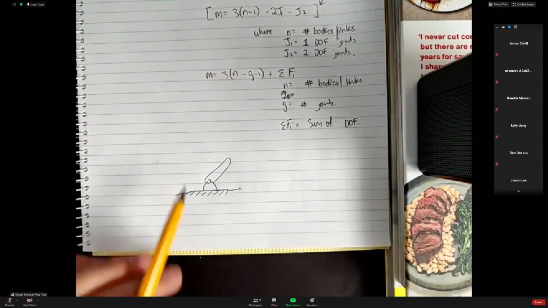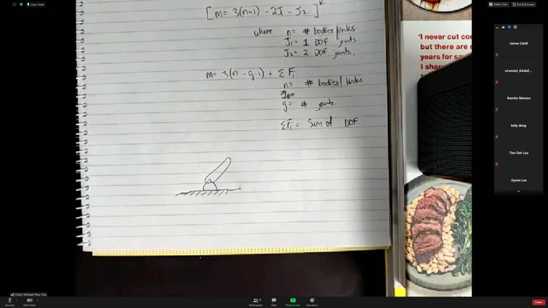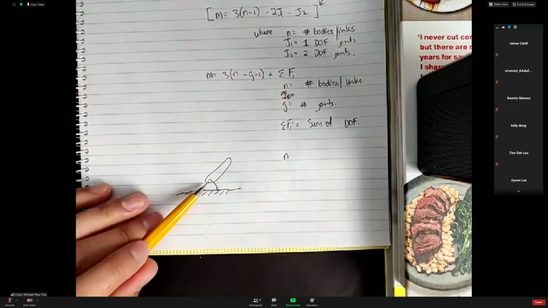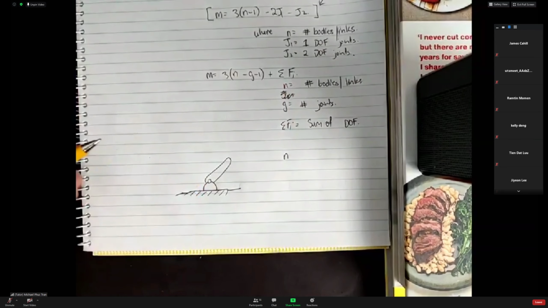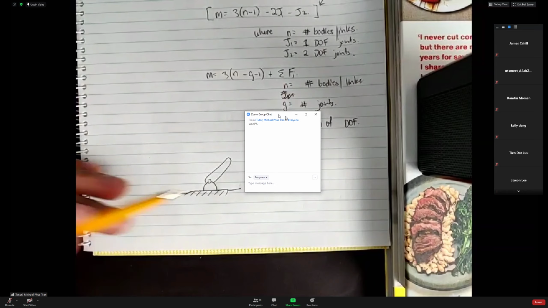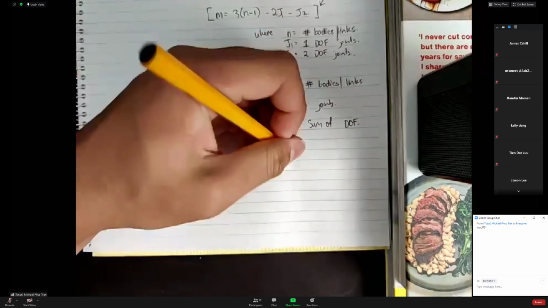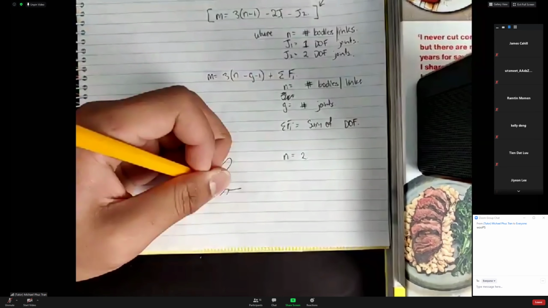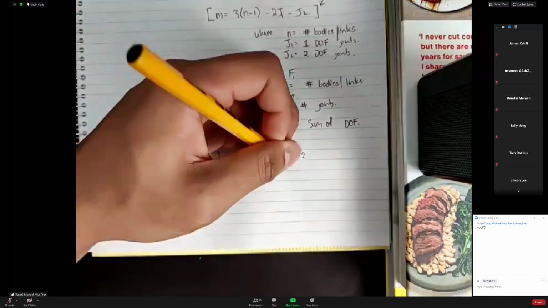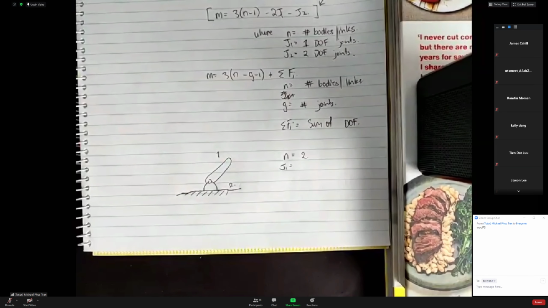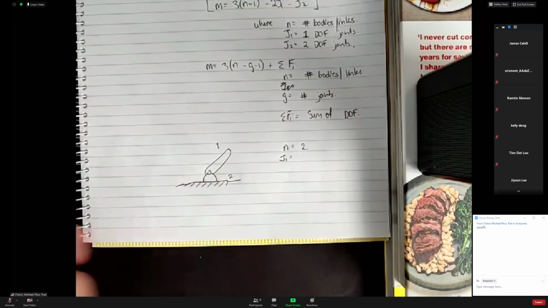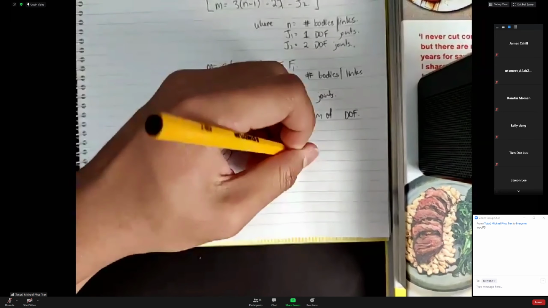All right. So counting using the Kutzbach theorem, N, how many bodies have you got? You got 1, which is your rotating piece there, and 2, this is the base, and the base is fixed to the ground, so that will be your second. So N equals 2. J1: how many joints have you got that have 1 degree of freedom? That's just this pin joint here, 1.